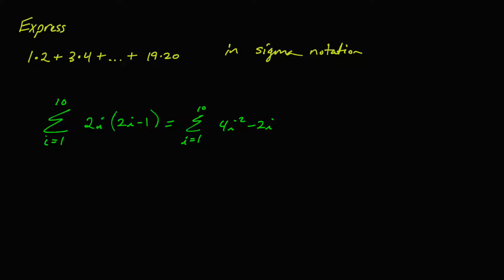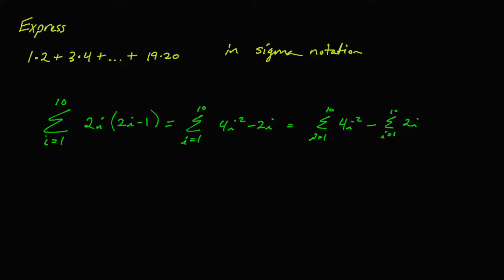Now let's use our rules that we said before. In this case, I'm going to separate these to say that this is now sigma from i equals 1 to 10 of 4i squared minus sigma from 1 to 10 of 2i. And we still have more to do.